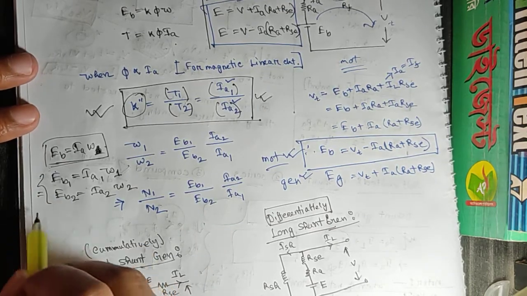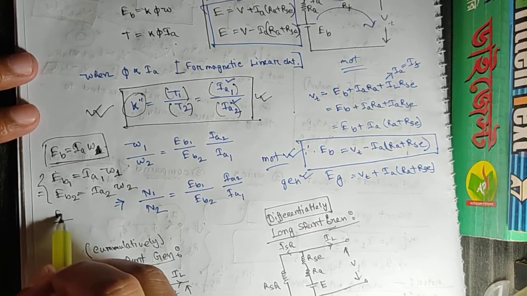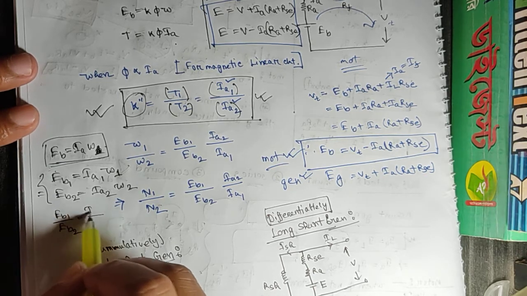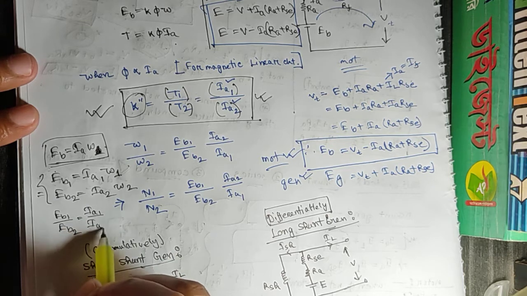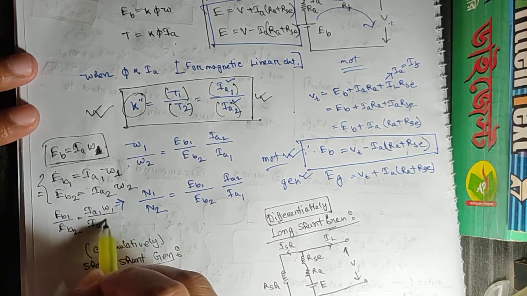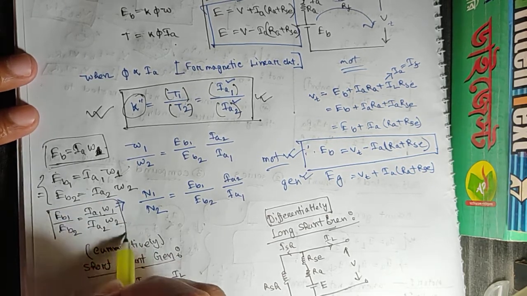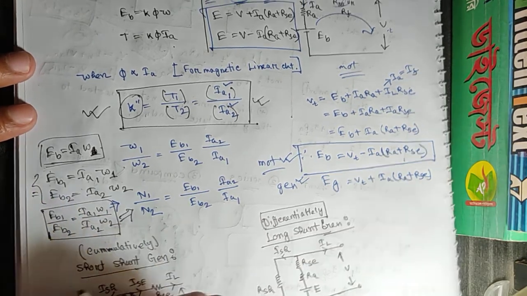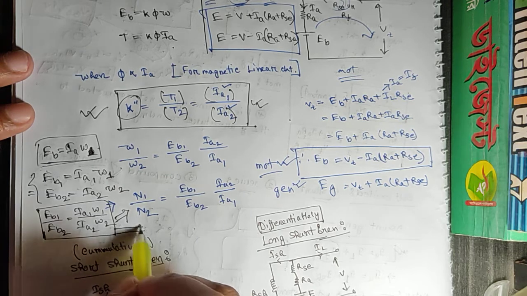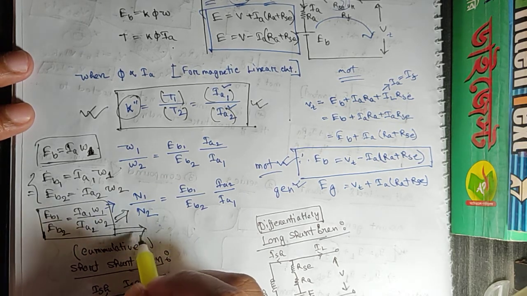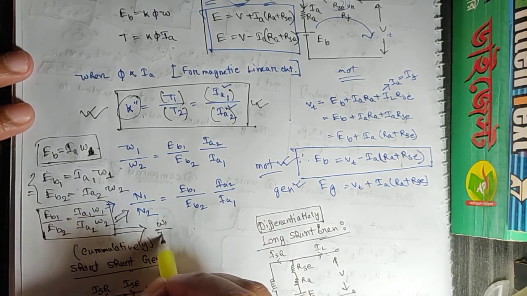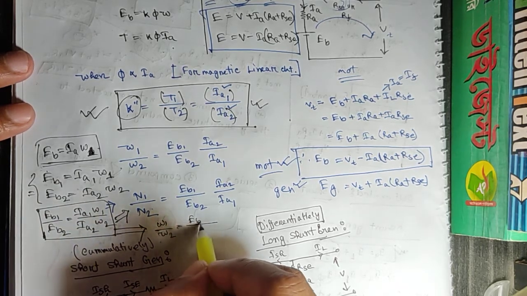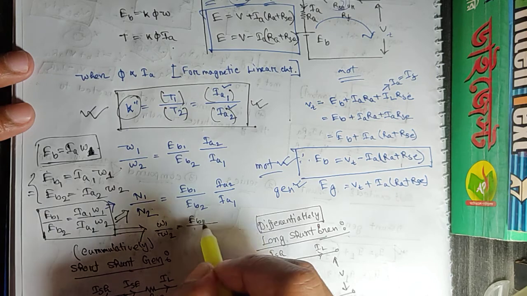Equating this, actually this was the main equation from where we have derived it. Cross multiplication.